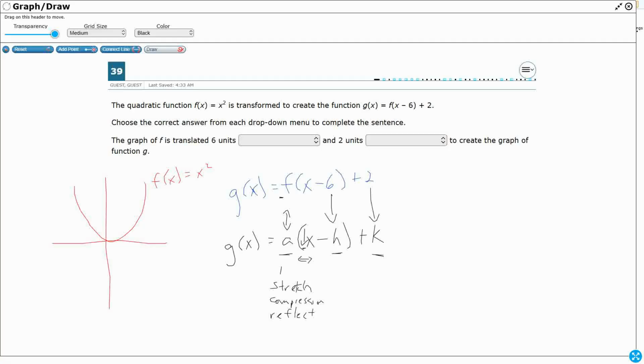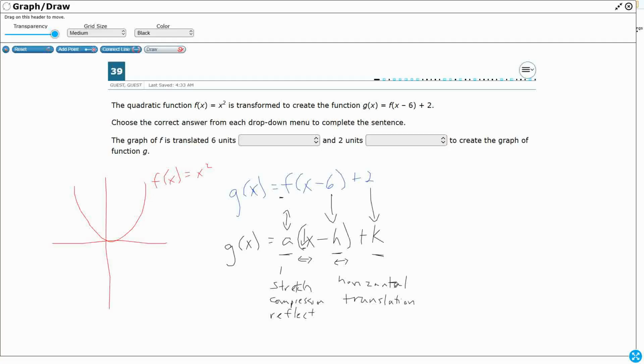So what does that mean? Well, when you are in that h position, you are inside the parentheses. That means you are translating left and right. You are translating horizontally. But they're translations, they're not necessarily a stretch or a compression. So let's put that there so we make sure we know that we're simply shifting the axis of symmetry, the vertex, everything, all of it gets shifted.